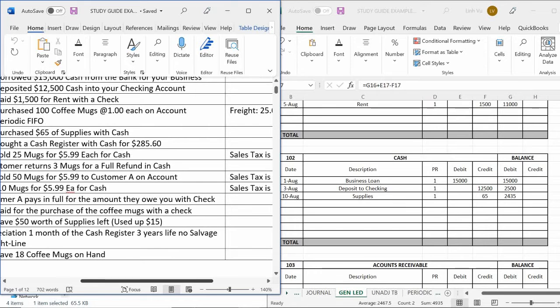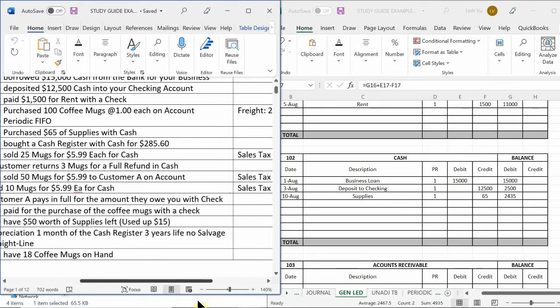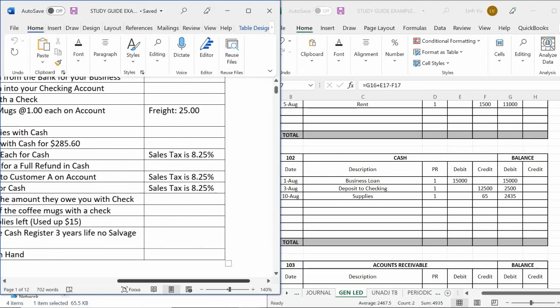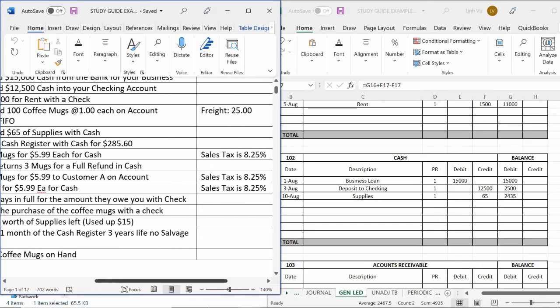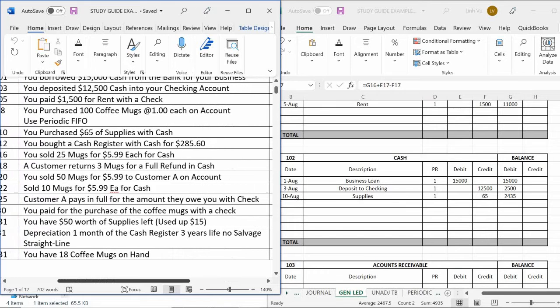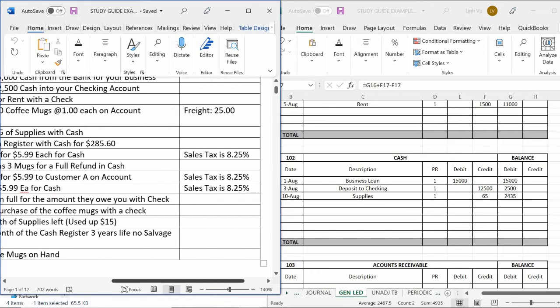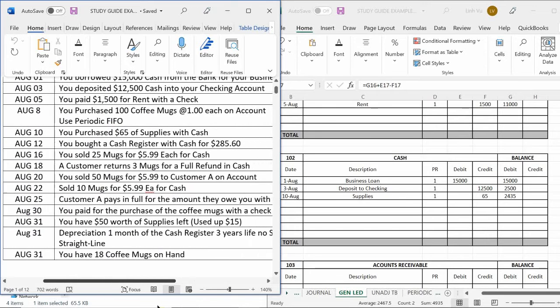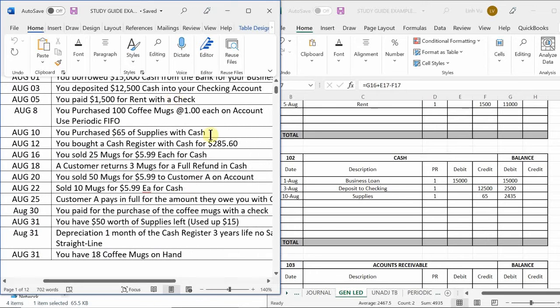So in this case, it would just be cash and cash register. In this case, the sales tax is already included.